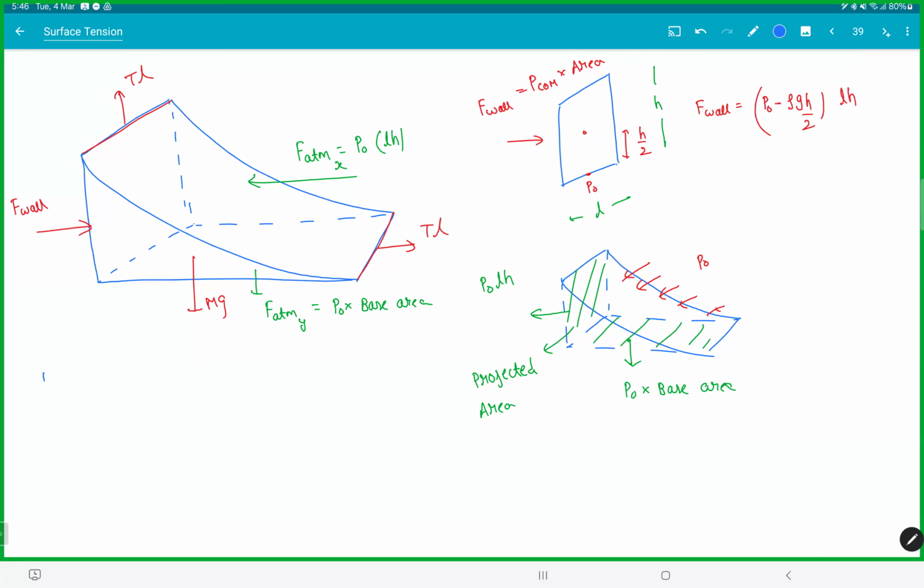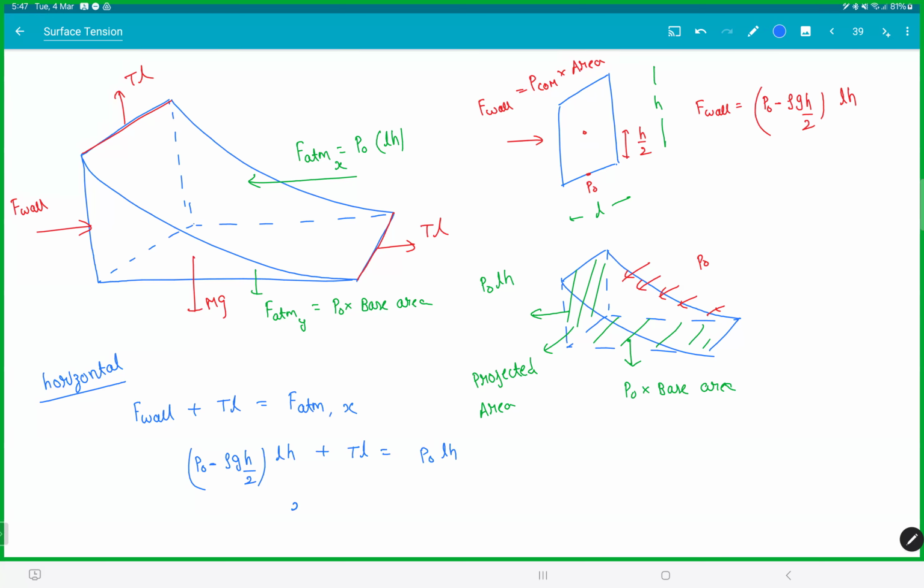So if you just balance the forces in the horizontal direction, we have F wall plus the surface tension force T into L is F ATM x, meaning x direction. That is the meaning of it. So F wall will be P naught minus rho g h by 2, into L H, plus T into L is P naught L H. P naught L H will cancel.